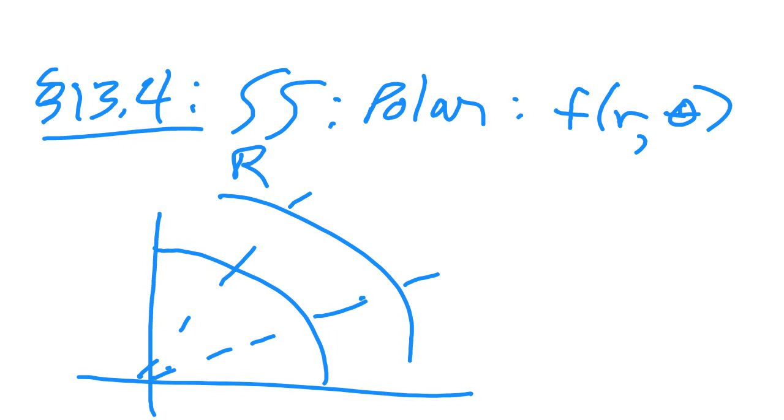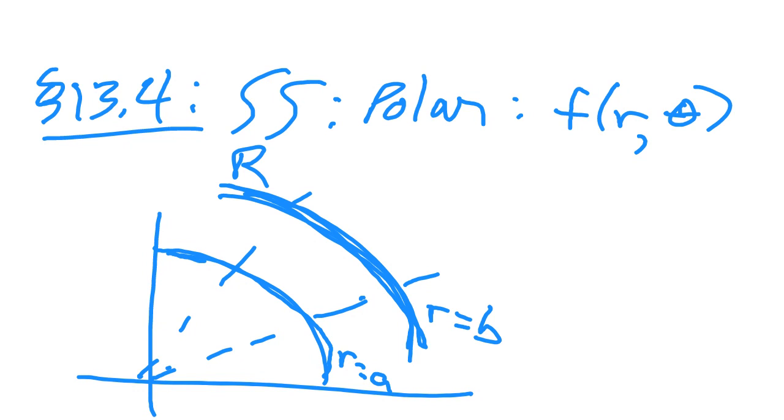The first one could be r equals a, a kind of radius. The second one out here is part of a circle with radius r equals b. That's how far away from the origin we are. And then of course we have angles as well.